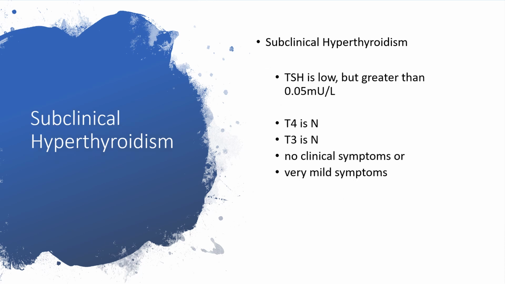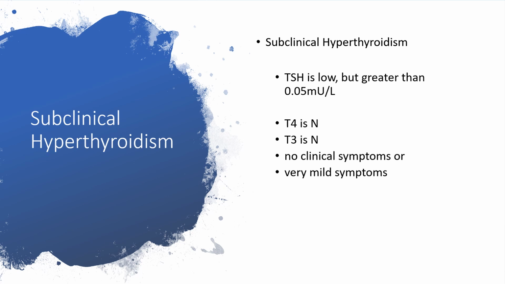In subclinical hyperthyroidism, the TSH will be low, but compared to overt hyperthyroidism, it will be a bit greater than 0.05 milli-international unit per liter. So it will not be as low as the case will be if it is overt hyperthyroidism.